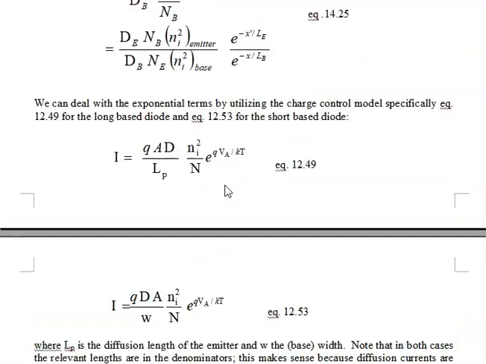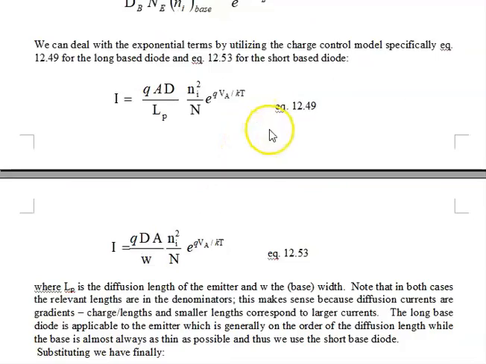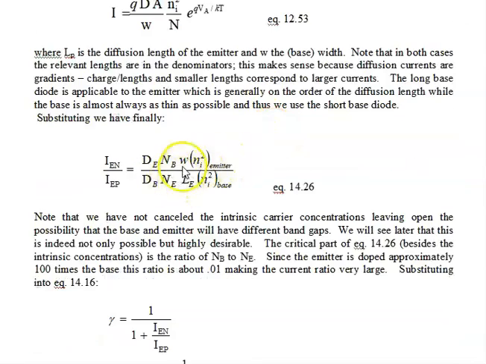So we substitute in here, and we get W over L sub E. W is small, L sub E is big. This is a factor of about 1 to 2. So here we have a factor of 1 to 100. Here we have a factor of about 20%. And here we have a factor of about maybe 2 to 3.